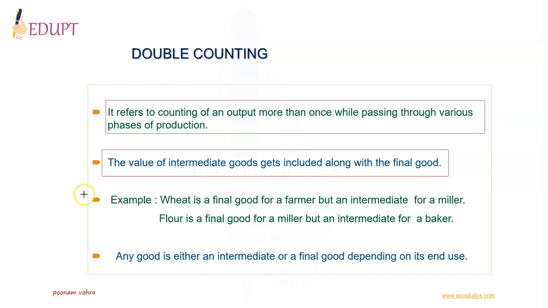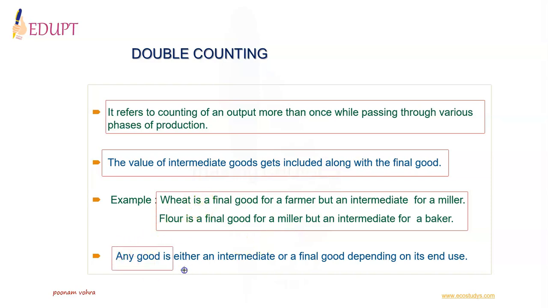Referring to the previous example, wheat is a final good for a farmer but an intermediate for a miller, whereas flour is a final good for miller but an intermediate for a baker. So any good can either be intermediate or final depending upon its end use, as is evident from the example.